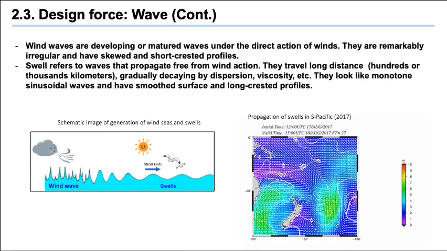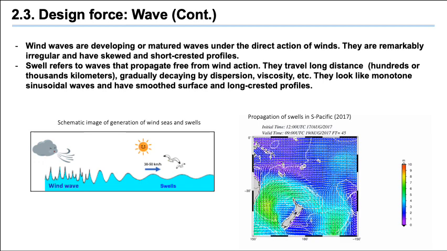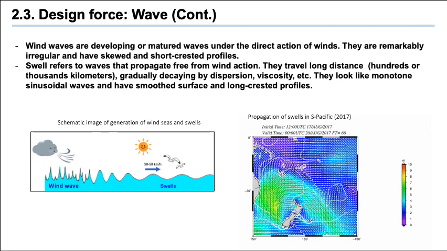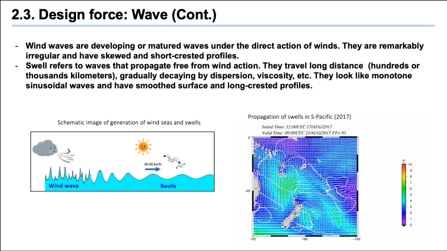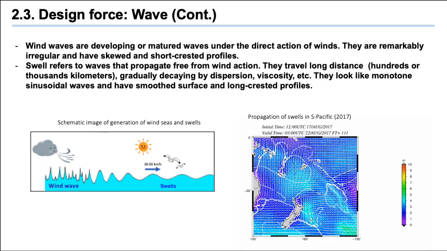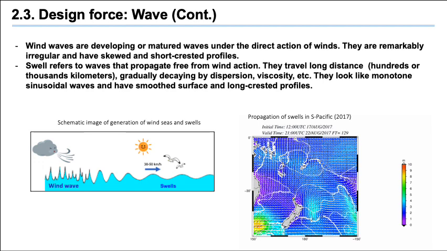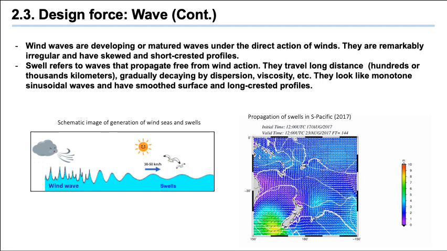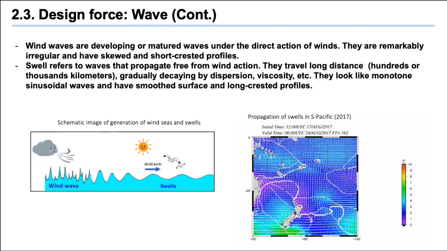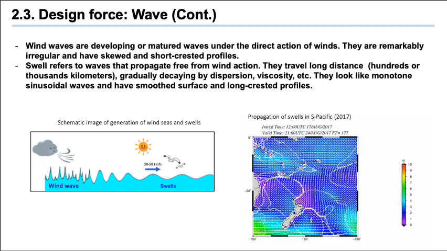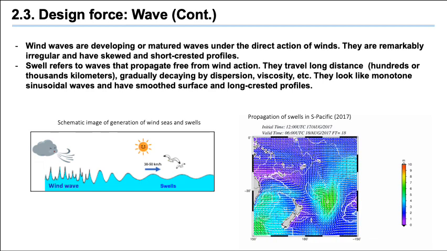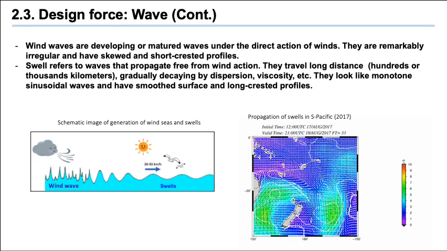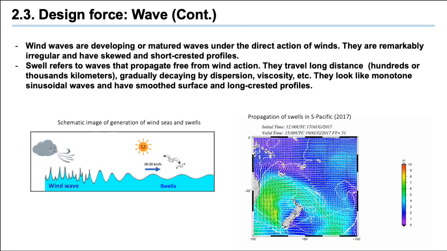Additional explanation of wave is here. Wind waves are developing or matured waves under the direct action of winds. They are remarkably irregular and have skewed and short-crested profiles. On the other hand, swell refers to waves that propagate free from wind action.